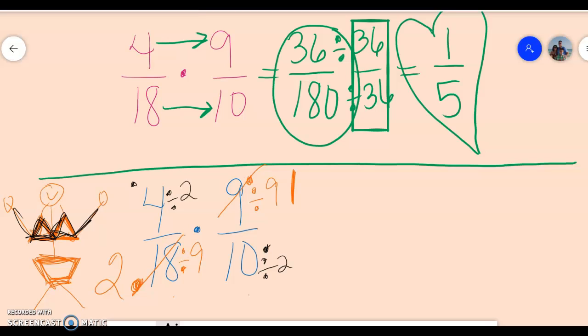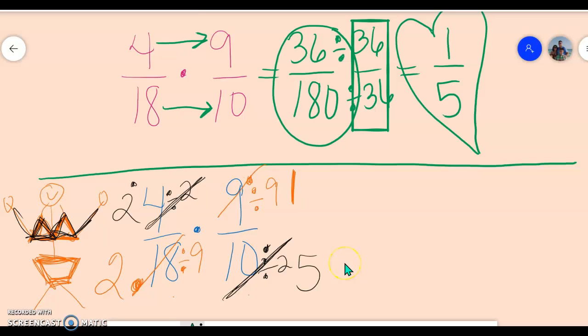If it's not the greatest common factor, well, I can keep dividing until I find it. So let's see what happens here. 4 divided by 2 is going to be 2. And then 10 divided by 2 is going to be 5. Okay, I'm feeling pretty good about this, all right?